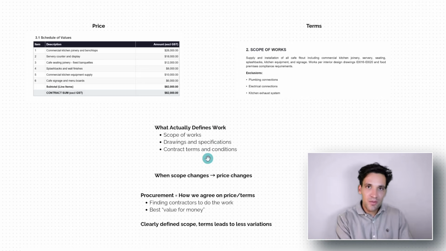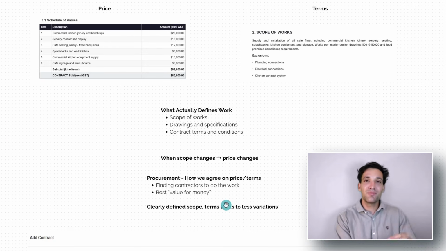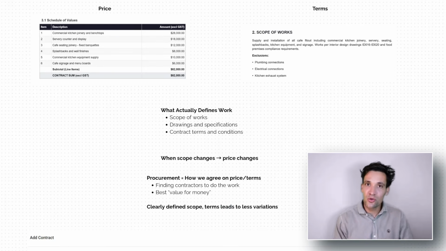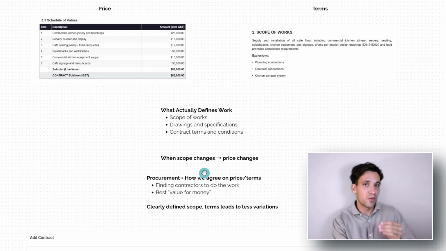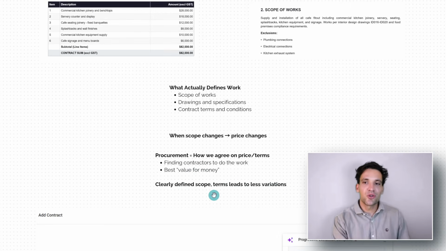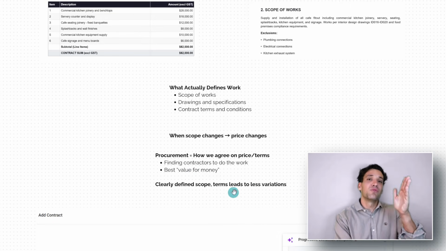But an effective procurement manager is probably the single biggest driver you have to control the cost of the project. And fundamentally, procurement is just the process of how you find a contractor to do the work for you. And the procurement process is how you go about agreeing on price and terms with them. But long story short, you're trying to optimize for value for money.